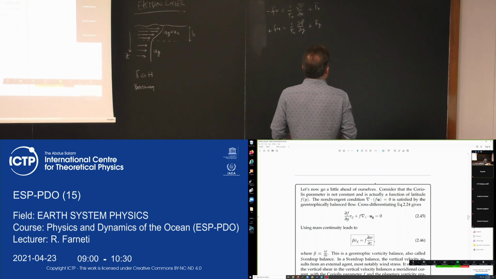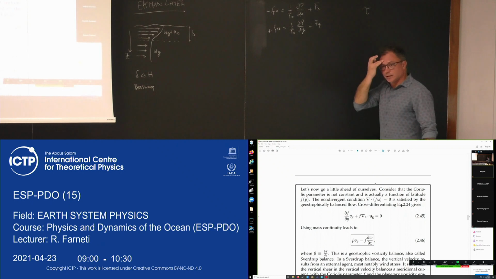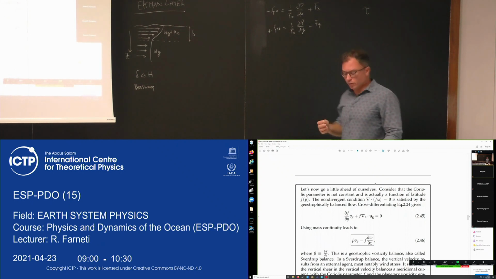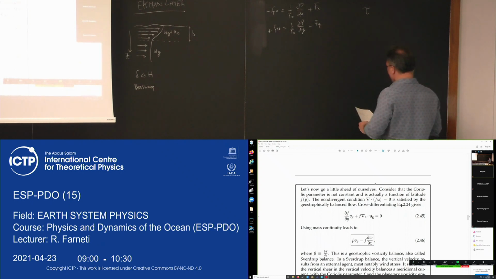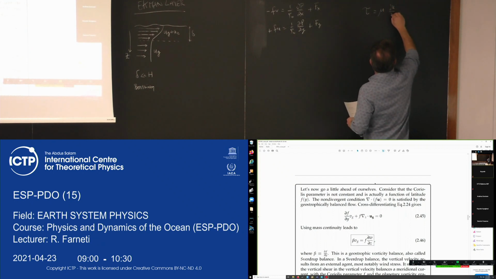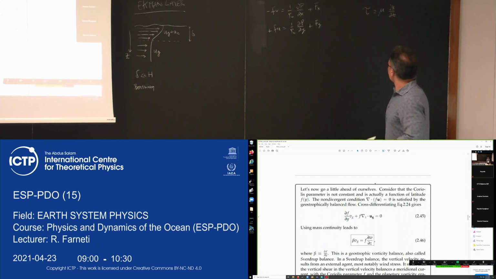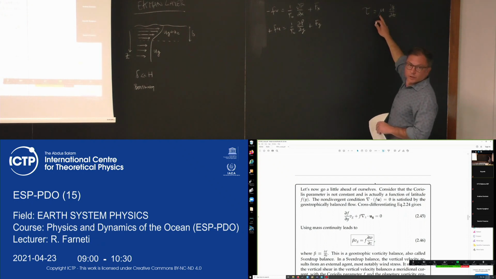Okay. Now, if you remember GFD, the very first classes that we took, we know the Newton's law of friction. We arrived to the expression for the Newton law of friction that gave me this dependence between the shear and the stress tensor, okay, related through the viscosity coefficient.